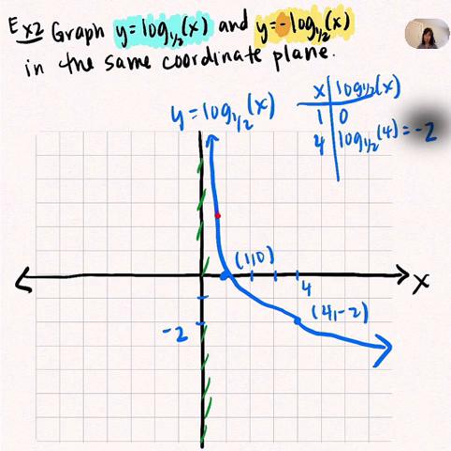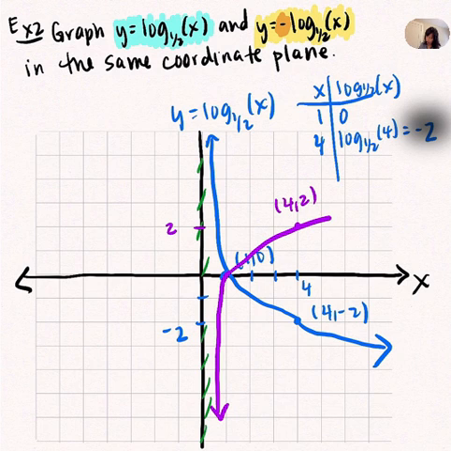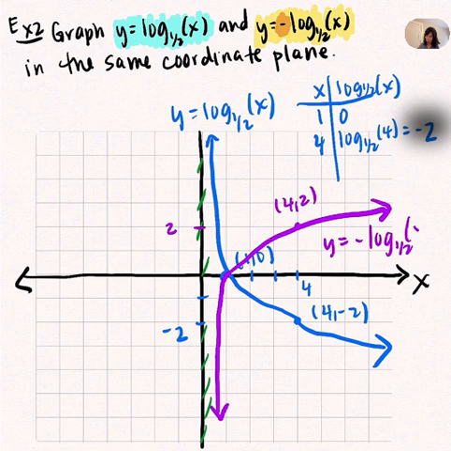So if we reflect this graph over the x-axis, we get something that looks like this. It comes up this way, and then this point at 4, negative 2 moves up here to 4, 2, and the reflection looks like that. So I'm using my transformation properties.